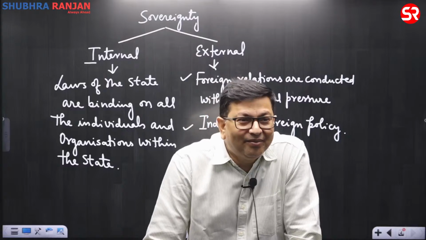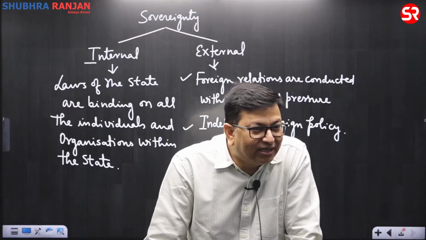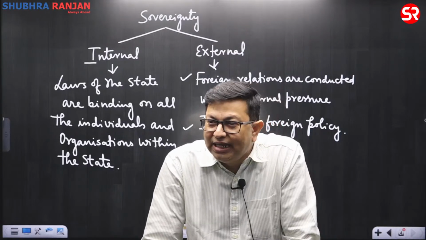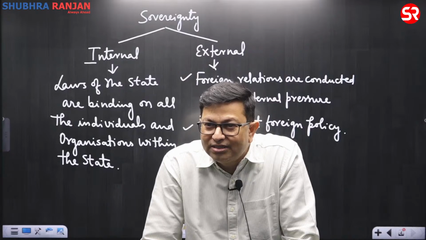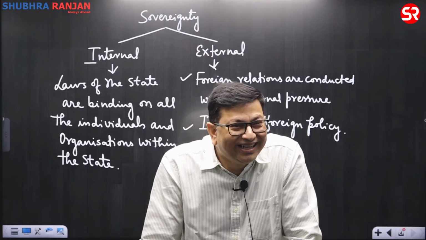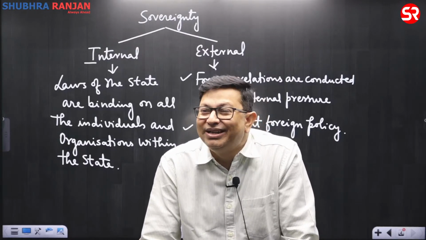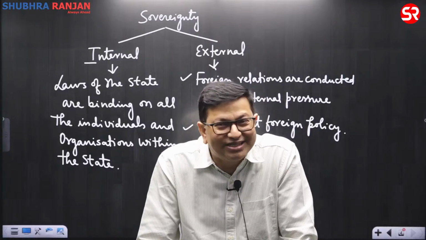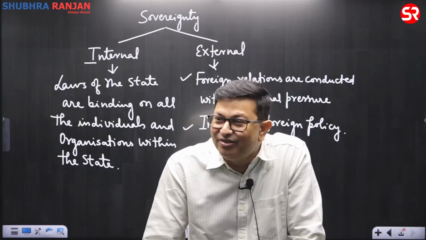That is why when the Kerala government appointed an officer to look into the interests of the people of Kerala who are living abroad, the central government objected, hey, it is not your domain. It is the domain of the central government. Foreign policy is the domain of the central government. You cannot do that. You cannot run a parallel government here.